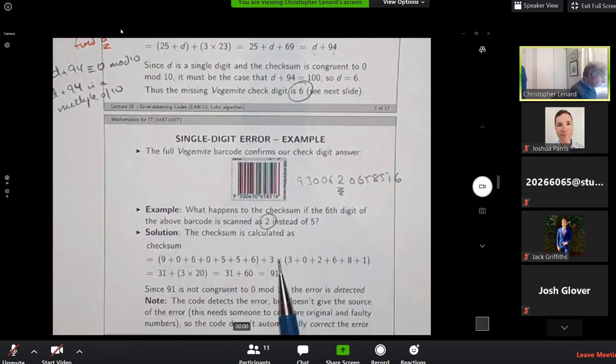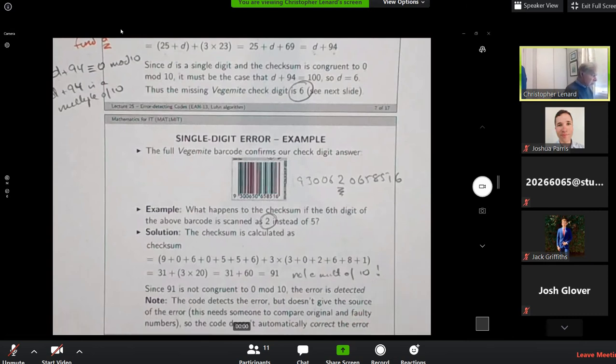Multiply by 3. Add the odd numbered things together, so we get 3 lots of 20 plus 31, which is 91, and that's not congruent to 0. So it's not a multiple of 10.